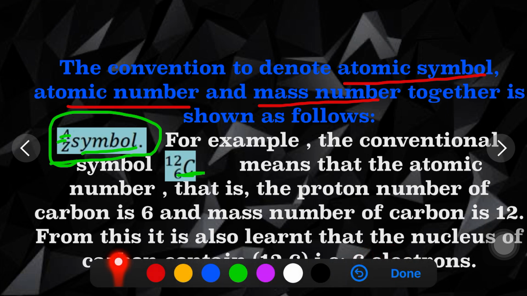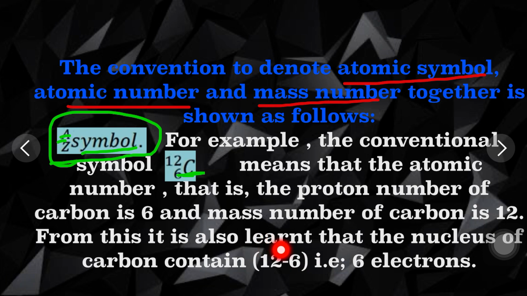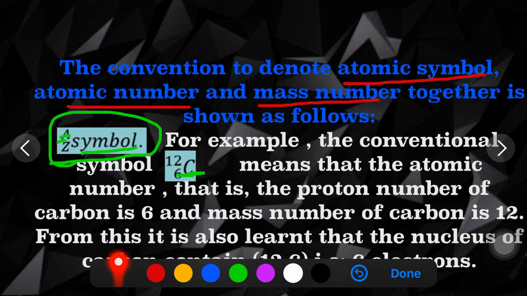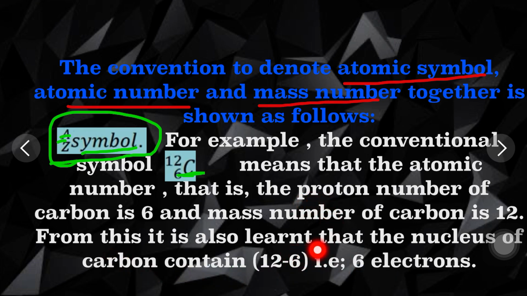Mass number is 12, meaning inside the nucleus there will be protons and neutrons together making 12. If mass number is 12, proton is 6 and neutron is 6. That means electrons will be 6.